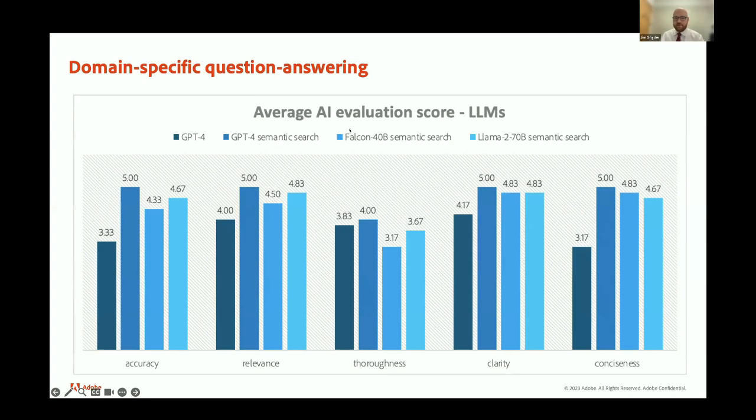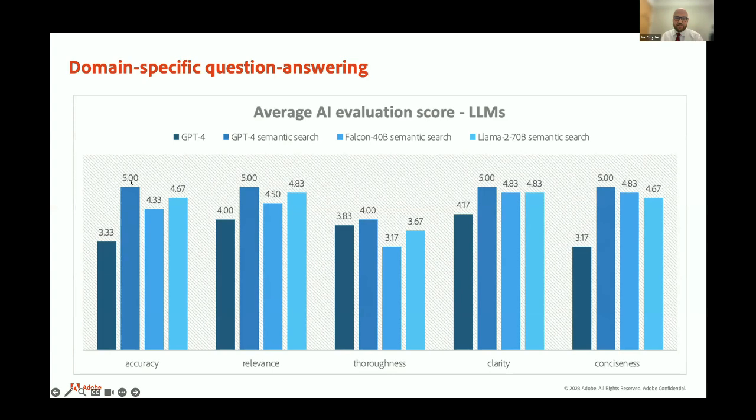These specific models, and broadly speaking this is true across the entire presentation, were chosen because they were the top performing models at the time that we were doing this work. But there have been some new LLMs released that could be worth trying beyond these. So the first takeaway I want is, if you look at the performance of GPT-4 with and without semantic search, you can see a really dramatic improvement in the results.